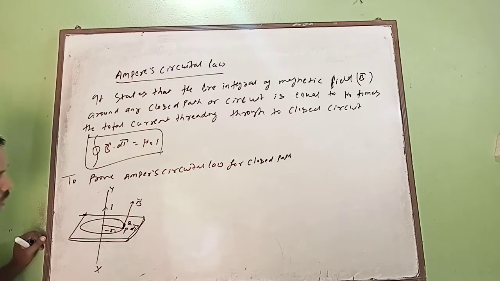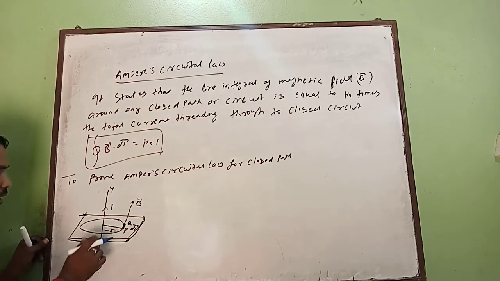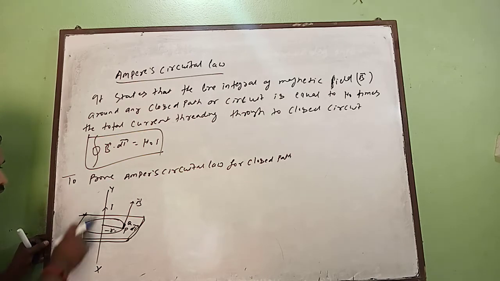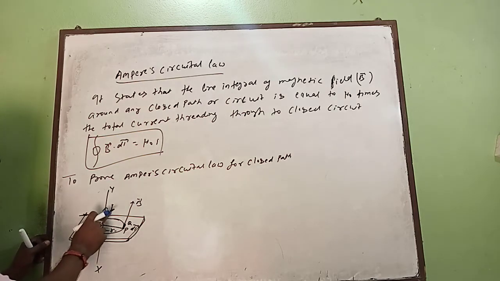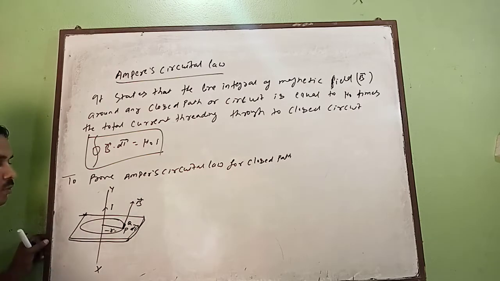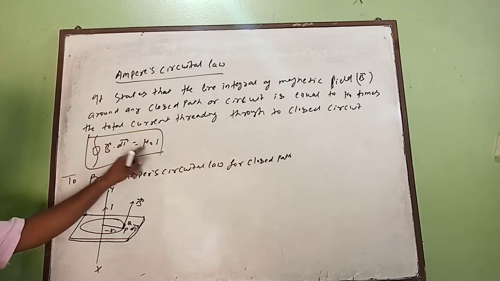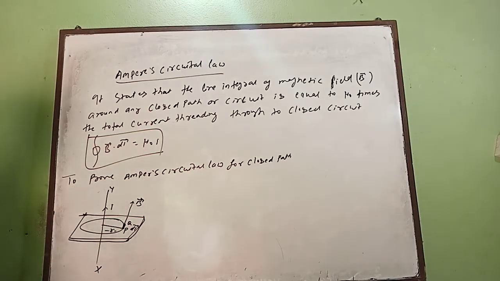This is the diagram. Now whenever the current passes, consider that the current I is flowing from X to Y, due to which the magnetic field is produced. So B dot dl equals mu naught I, that you have to prove.